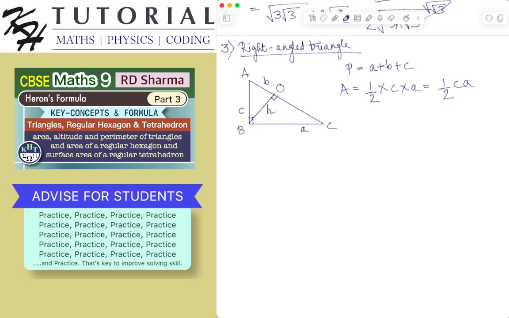What will be h? If you are given only the length of the two arms of a right angle triangle, then obviously we can find the area, we can also find the hypotenuse, and then we can also find the altitude on the hypotenuse.